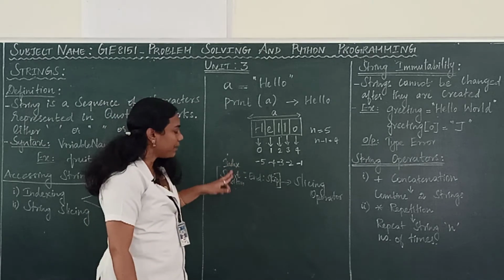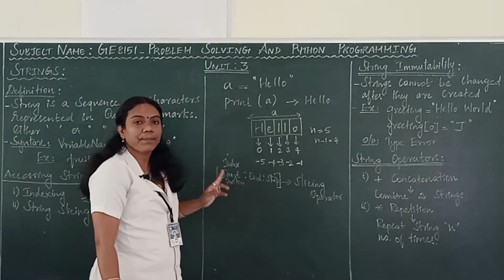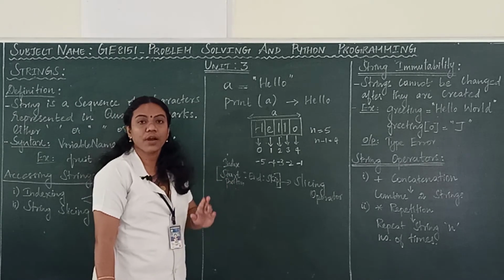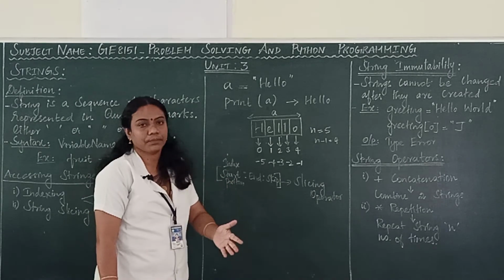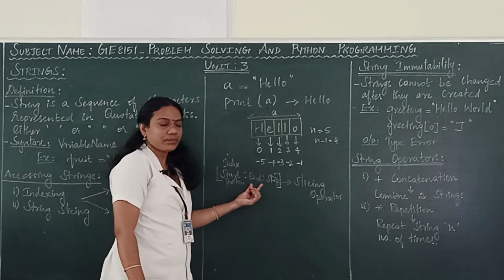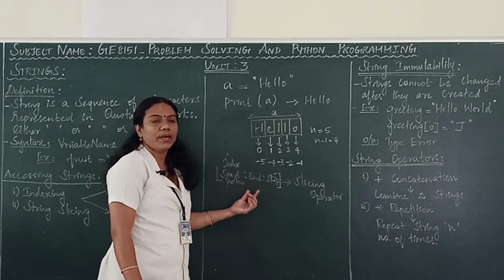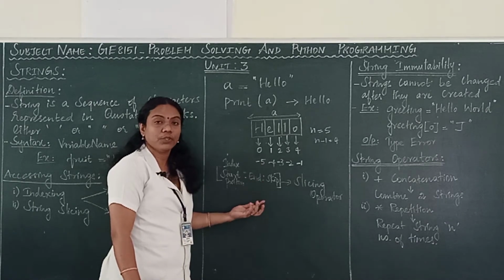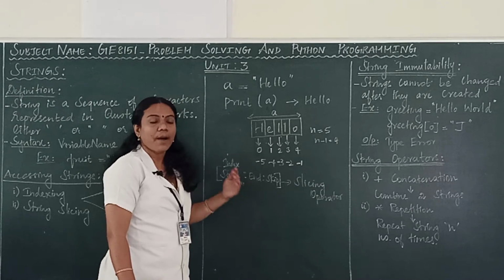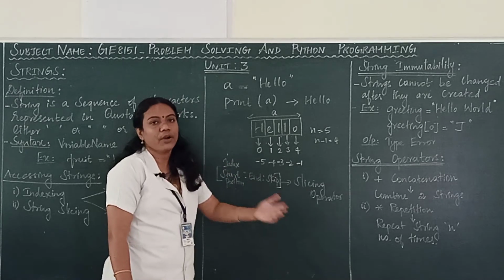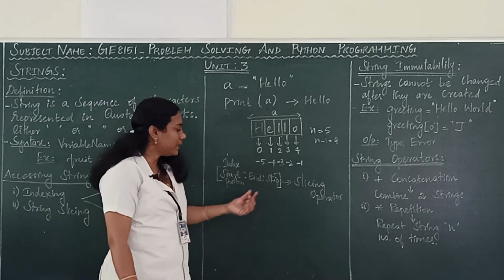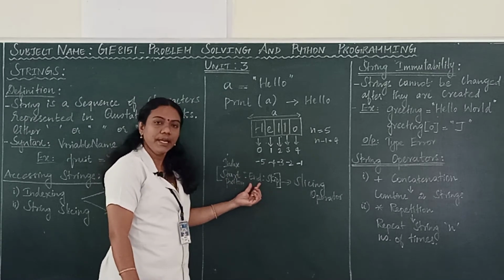What is the meaning of starting position? It represents from which particular position you are going to start your slicing. Next is the end or ending position. What is the meaning of ending position? It represents up to which particular character you are going to do the slicing.